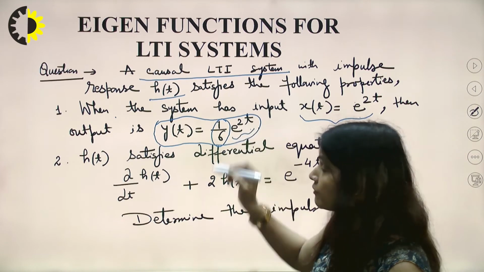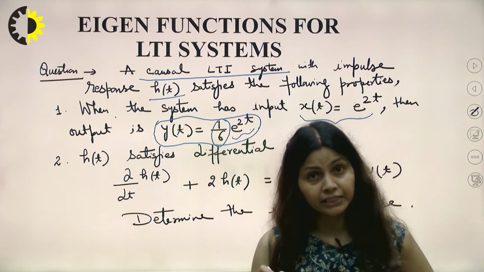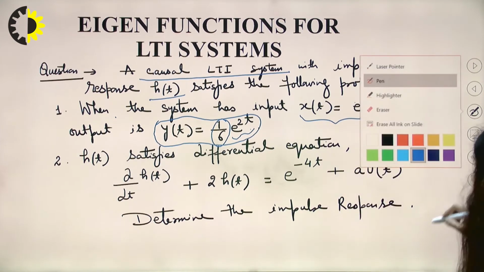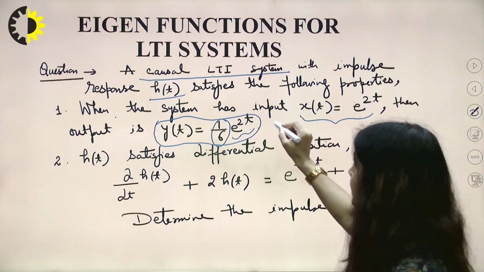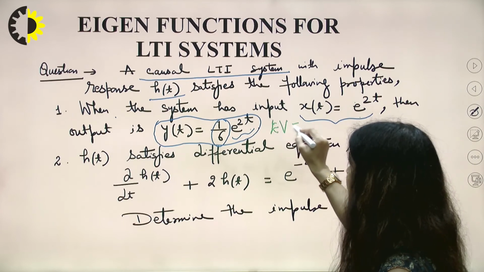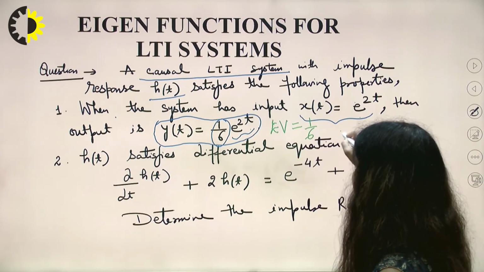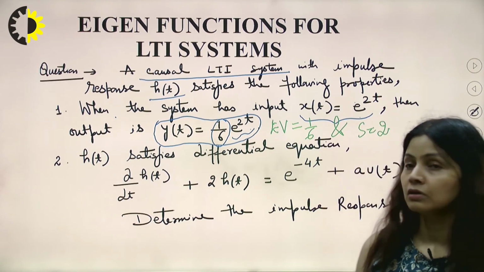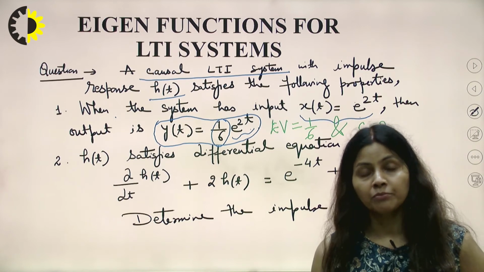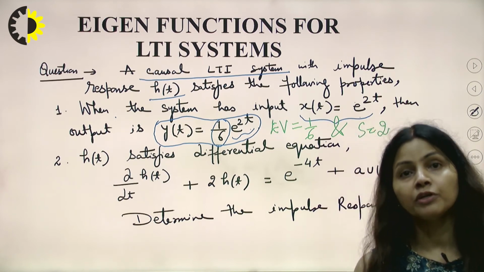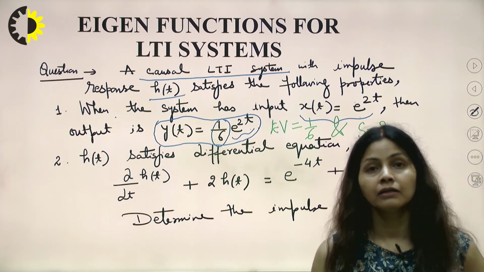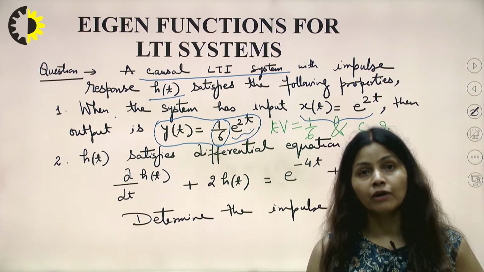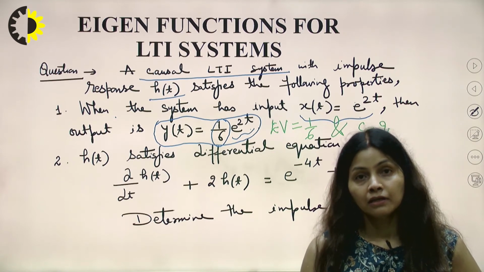Here my eigenvalue comes out to be 1 by 6 and s is equal to 2. So I can write that EV is equal to 1 by 6 and s is equal to 2. This is one important point, that from the first statement I can predict the value of the eigenvalue and s.